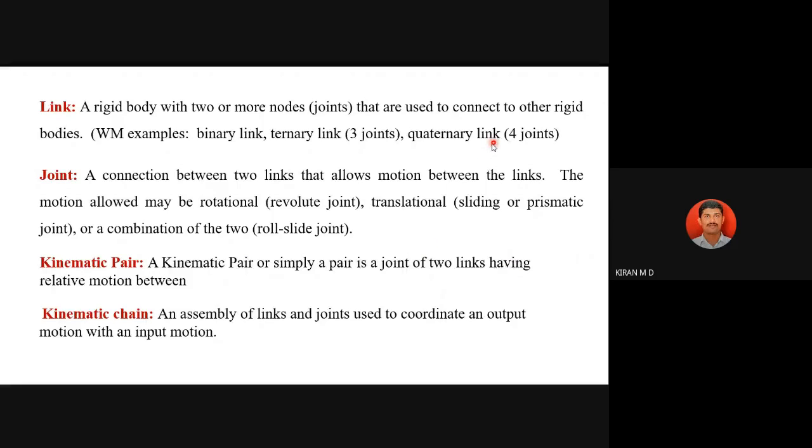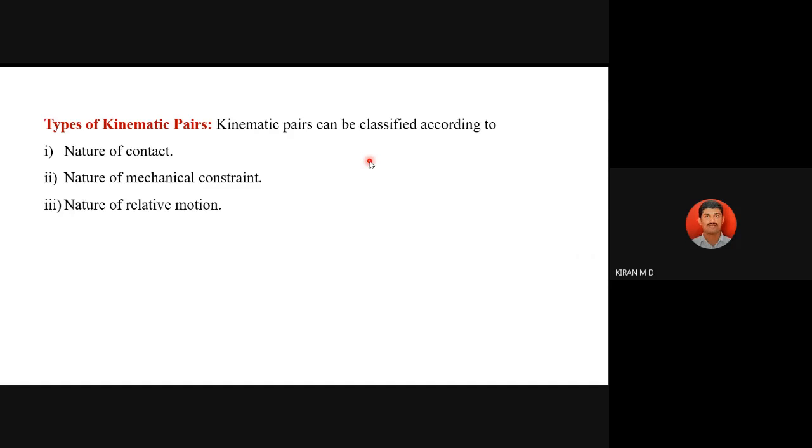So we are going to classify kinematic pairs according to nature of contact, nature of mechanical constraint, and nature of relative motion.